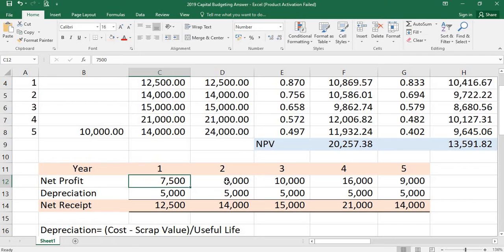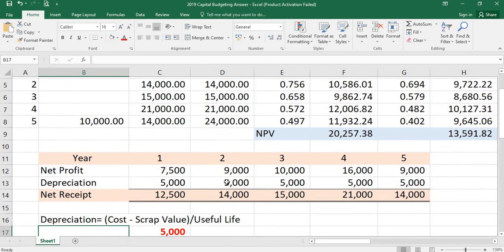The other point is depreciation. We know depreciation is equal to the cost of the asset minus scrap value, if available, over the lifetime of the asset. That is the formula we are simply using.